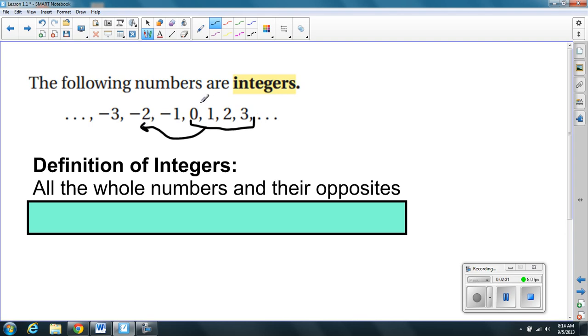Okay? So half of the integer family is made up of whole numbers. The negative side is the part that's called integers, but we can call whole numbers whole numbers. We could also call the positive side integers. So the definition for integer is all the whole numbers and their opposites.